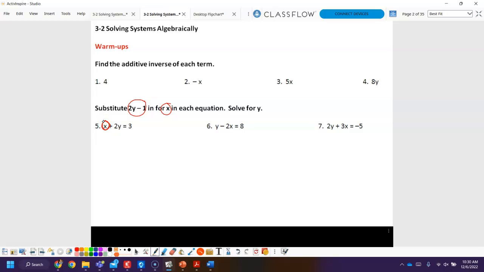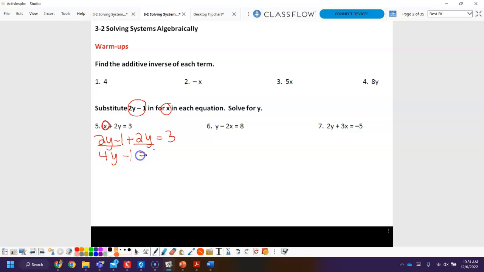So everywhere you have an x, replace it with 2y minus 1. So we get 2y minus 1 plus 2y equals 3. Now you're going to combine like terms. 2y plus 2y is 4y.